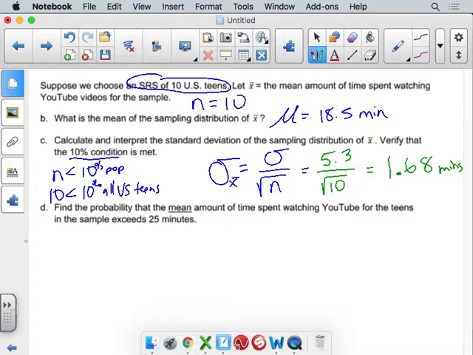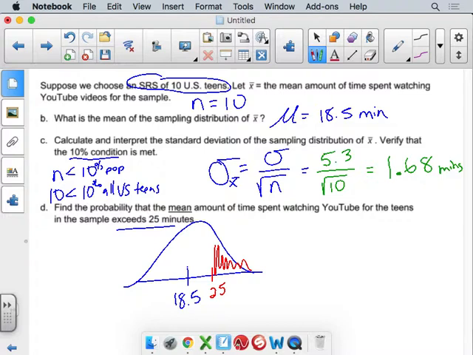Find the probability that the mean amount of time exceeds 25 minutes. So it's basically the same problem, but with a new standard deviation. 18.5, 25, except the main thing is that we have a smaller spread, so it should change our answer.